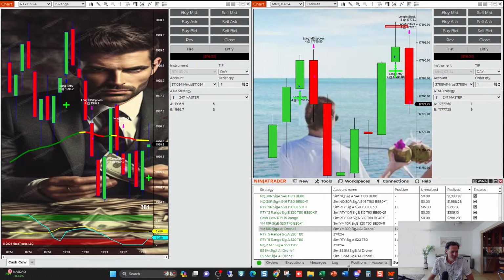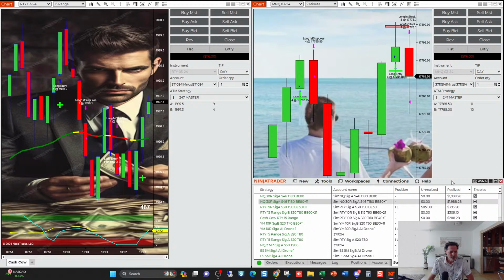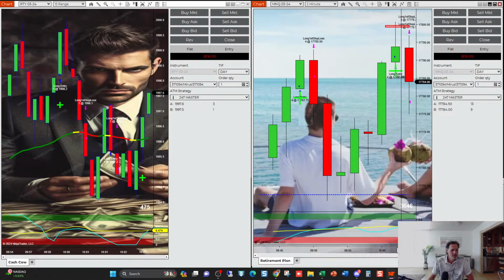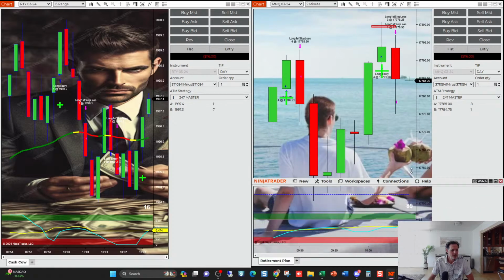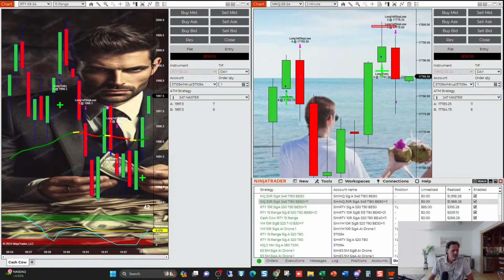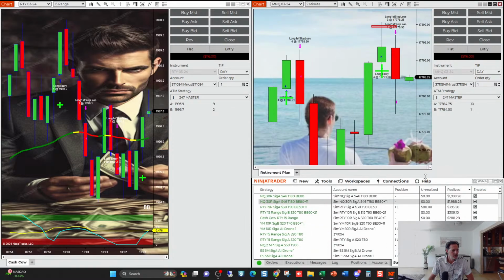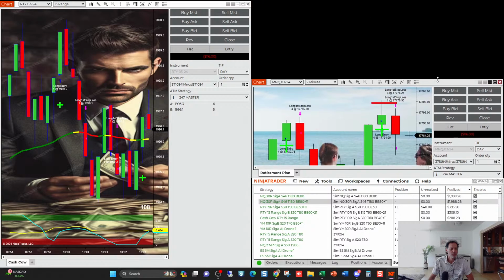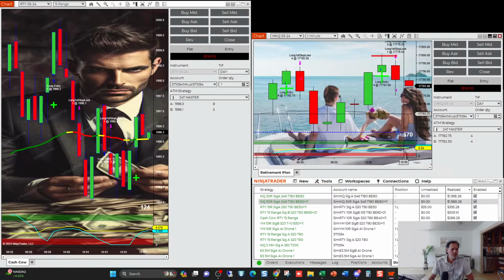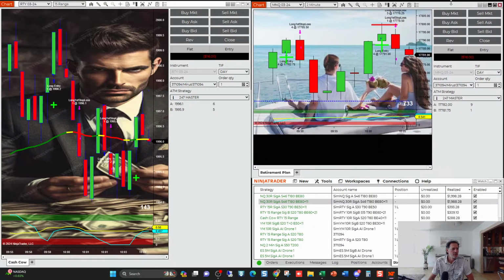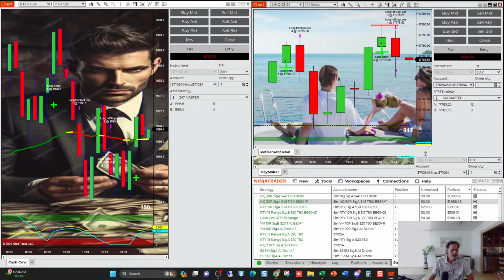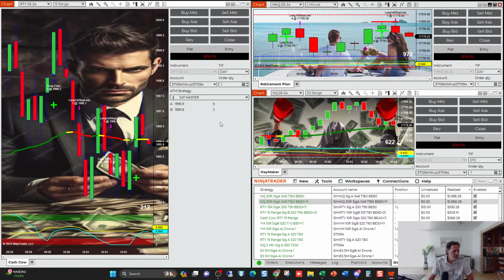I missed the good one out of the gate. Man, those two big ones. Oof. Order filled. There we go. Get her back organized here.